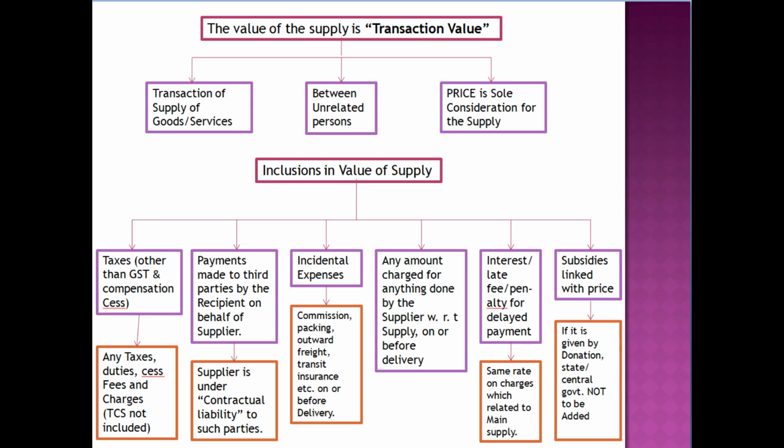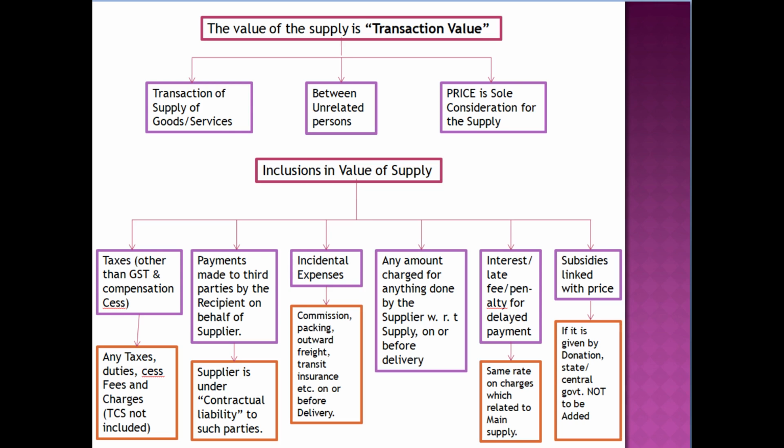And the third one is incidental expenses, which are expenses incurred by the supplier in relation to the supply at the time of or before delivery of goods, and must be added to the supply. These expenses are like commission, packing, outward freight, transit insurance and installation expenses, etc. And also anything done by the supplier with respect to such supply before delivery shall be added.